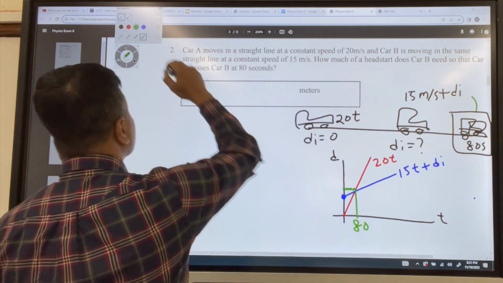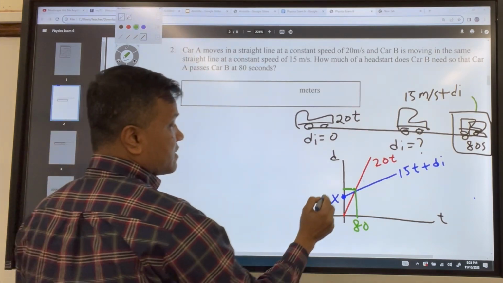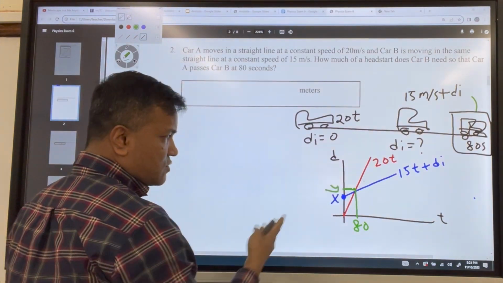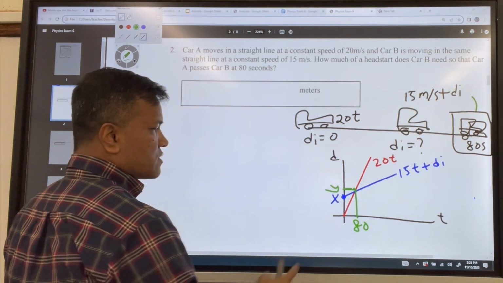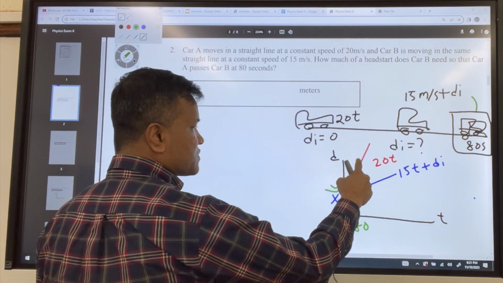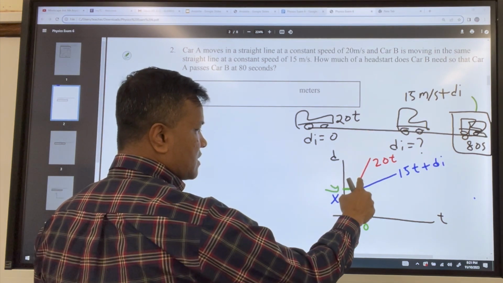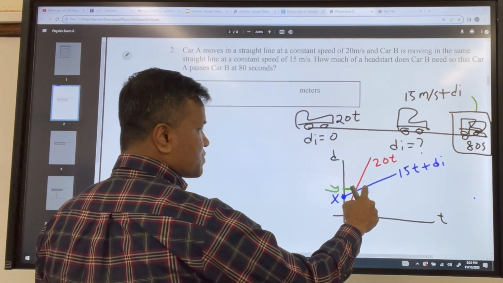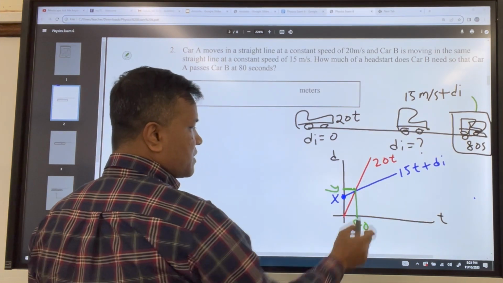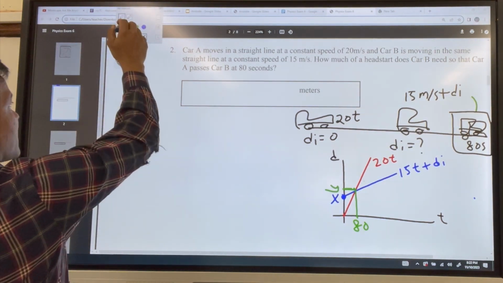I want to find x, maybe y. Actually in the exam I ask you to only find the x, because car A moves this entire path from here to y, and car B moves from here to y. So car B moves a little bit less than car A.